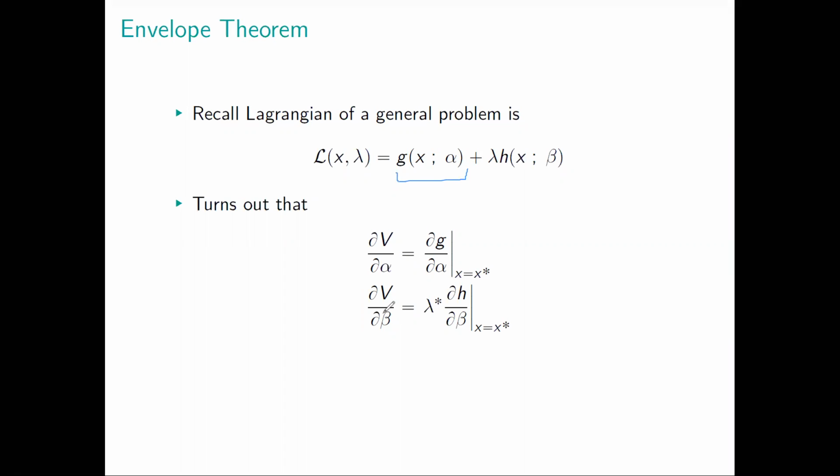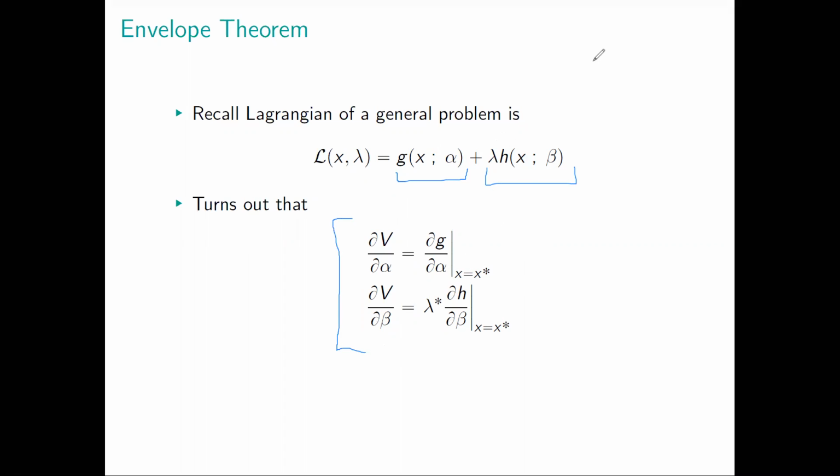And the derivative of our value function with respect to beta is also just going to depend on the direct effect. So anything that happens from the change in lambda or other changes of x's and the solution function won't enter into the change of the value function, right?